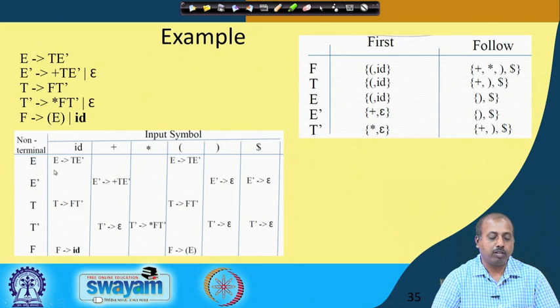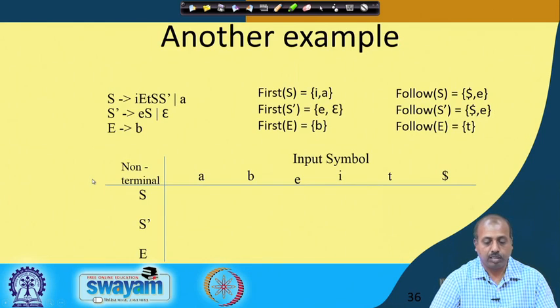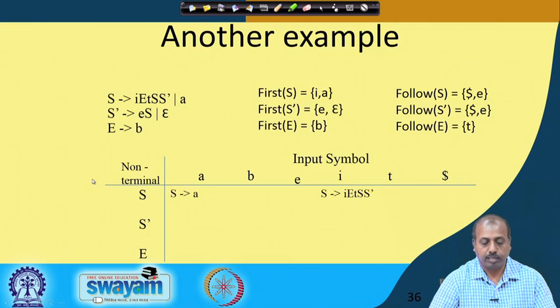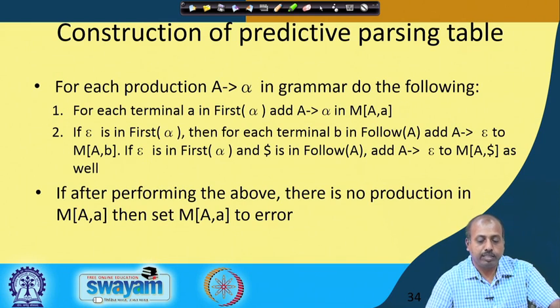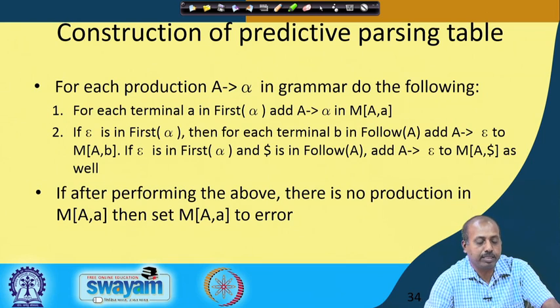So, if the stack top contains E and the next input symbol is ID, then this table says that you go by this rule, E producing T E dash. So, we will see how to construct this parsing table.